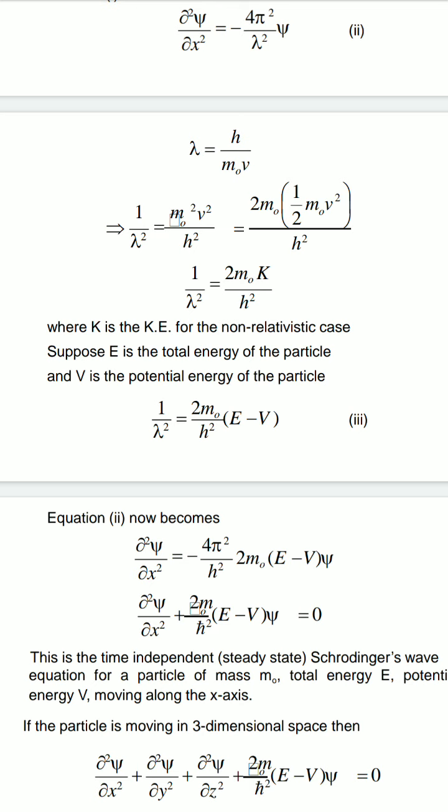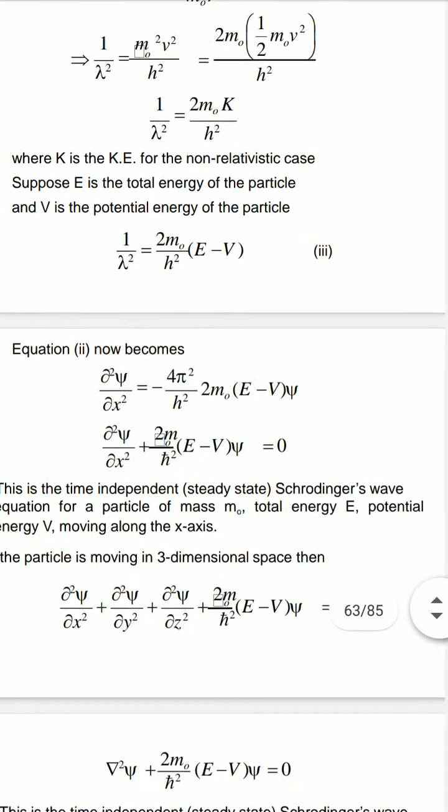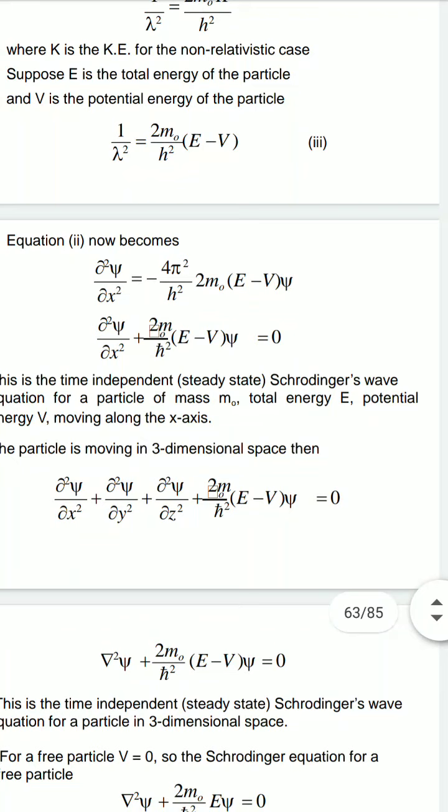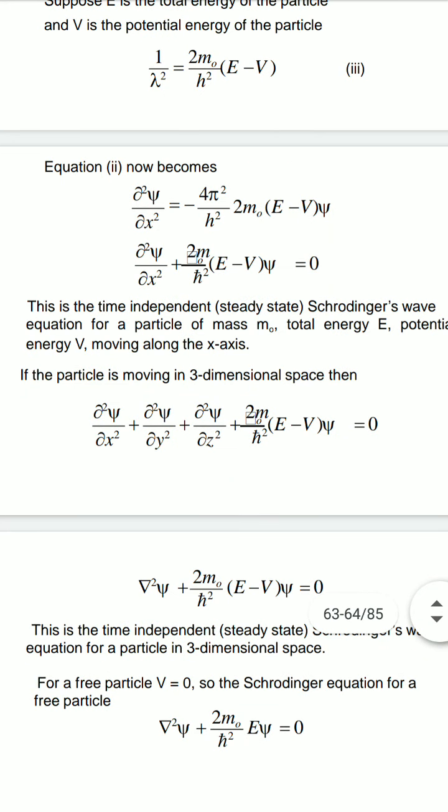If you have 3 dimensions, instead of dou square psi by dou x square, you can write dou square psi by dou x square plus dou square psi by dou y square plus dou square psi by dou z square, which we can call del square. Normally in MSc classes we say del square. See, it is written in the below equation: dou square by dou x square plus dou square by dou y square plus dou square by dou z square is del square.